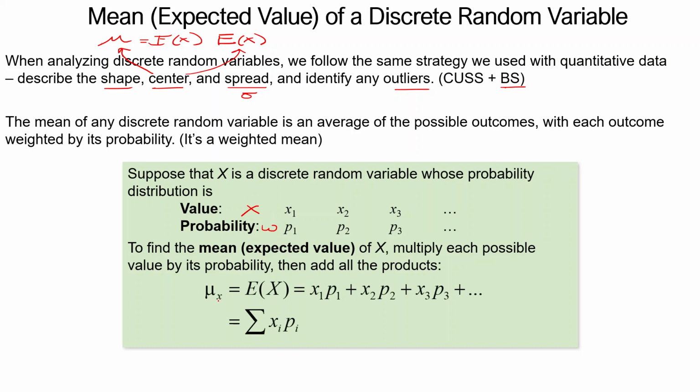The mean for the probability distribution of the letter x, which is equal to the expected value, is just equal to each one of the x values times its p's. So we're just summing up each x value times its probability. The mean of x is the sum of the x times the p. Usually we would divide by the total sum of the weights, but the total of all the probabilities is always 1. So we're really just dividing by 1, so we can just leave it out.